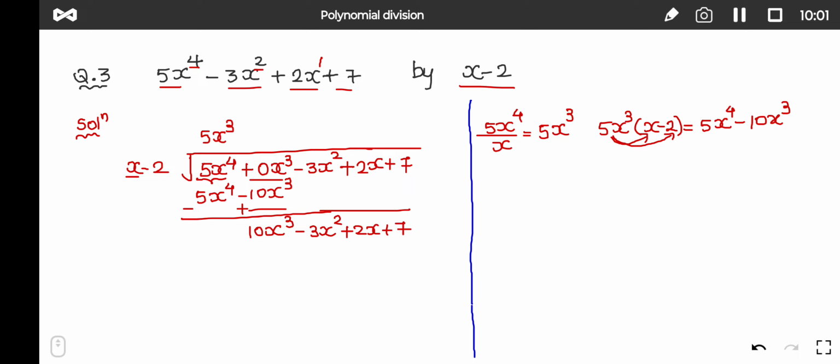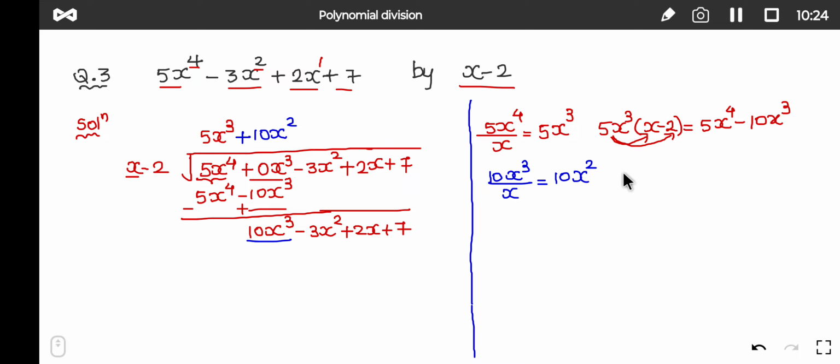Follow the next step. The first term we have 10x cube, so we'll write down here 10x cube divided by the first term outside, which is x. So again one x will get cancelled, so 10 will remain, and x cube upon x, so 1x get cancelled, so x square will remain, and it is plus, so we have to write down here plus 10x square.